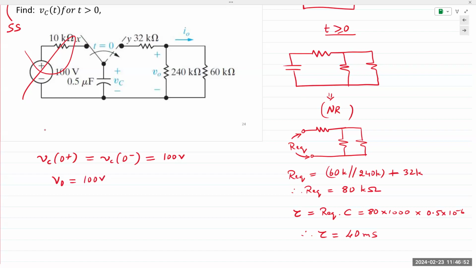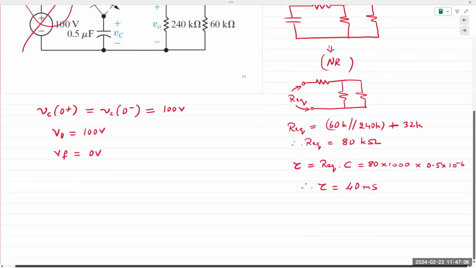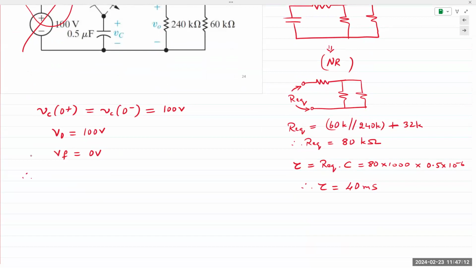And because this is a natural response problem, VF is 0. Initial voltage V0 is 100, VF is 0. That's it, I have the values for the three quantities, and I can plug in directly into the equation.